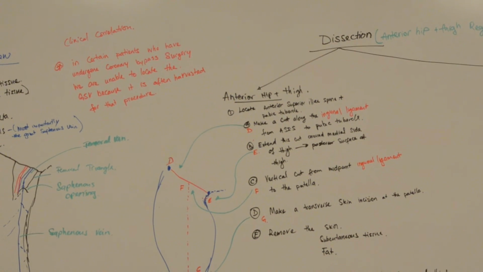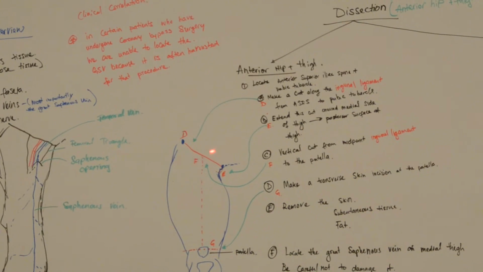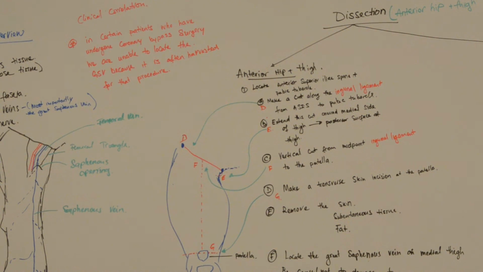And next, we want to make a vertical incision right here, number F, from the midpoint of the inguinal ligament.